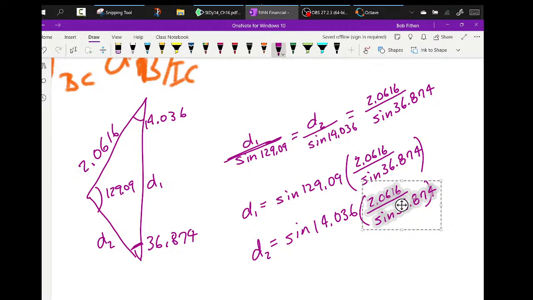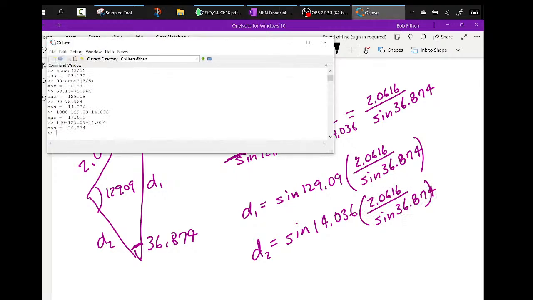So there you go. So let's calculate those using Octave.